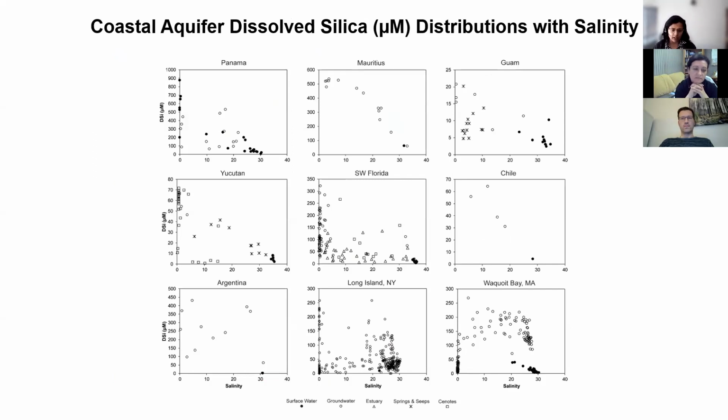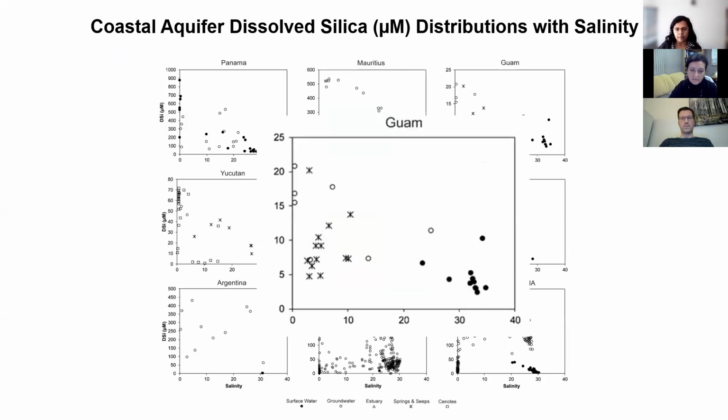Let me just take you through a couple of these plots. First, the filled in circles are the surface water concentrations of dissolved silicon. On the x-axis, you have salinity, and on the y-axis, you have dissolved silica concentration. The open circles are your groundwater samples. The triangles are estuarine samples. And then you've got seeps and cenotes that form a minor fraction of these samples.